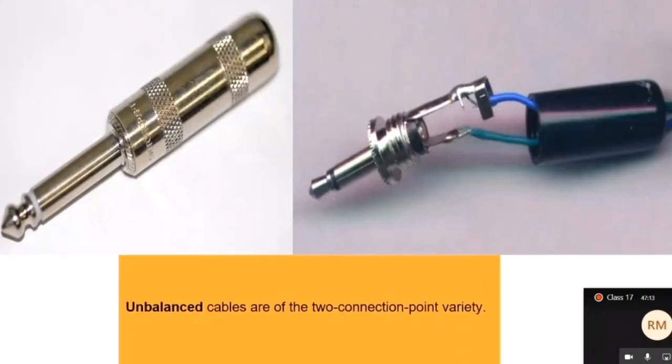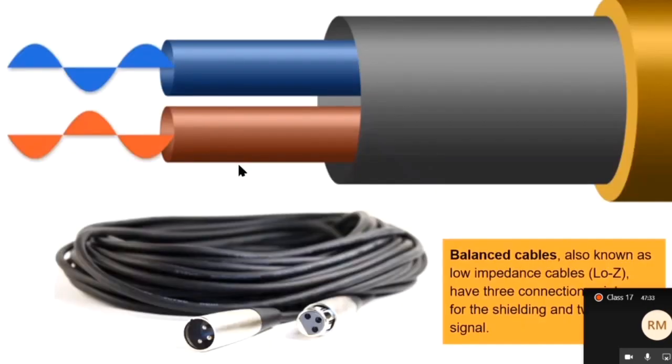So, common music technology applications for the unbalanced phono plug is for instruments. That's what a guitar is plugged in with, or patch cables. It's unbalanced. And then the next cable type will explain what this balance, unbalance differentiation is all about.